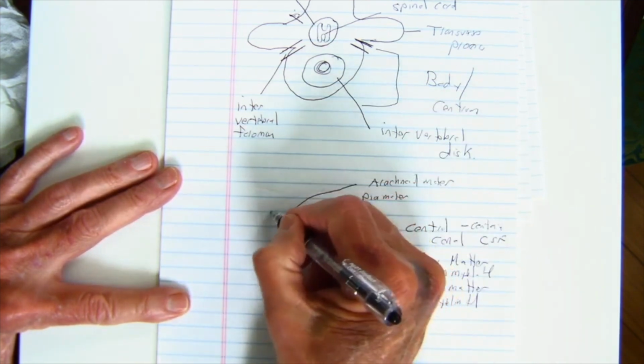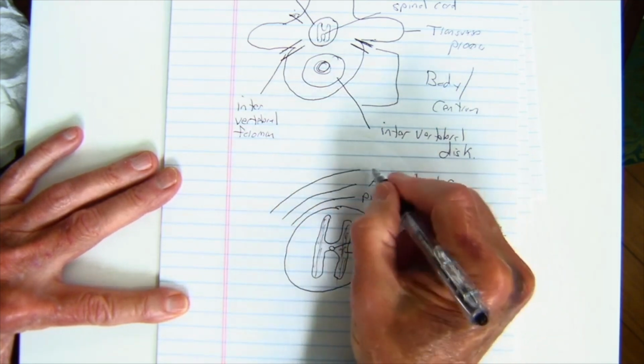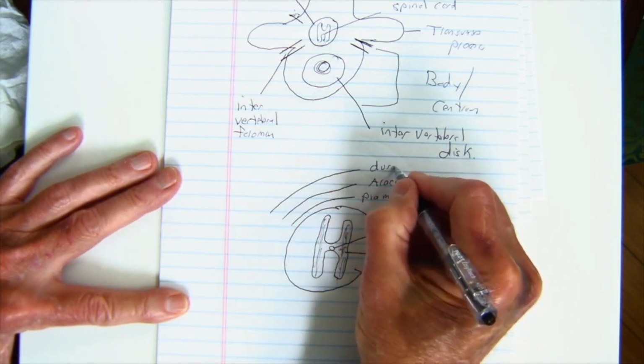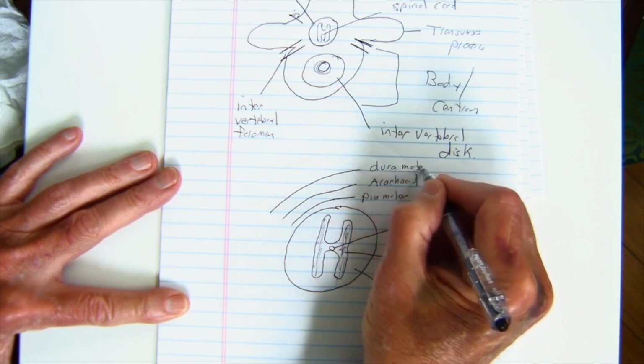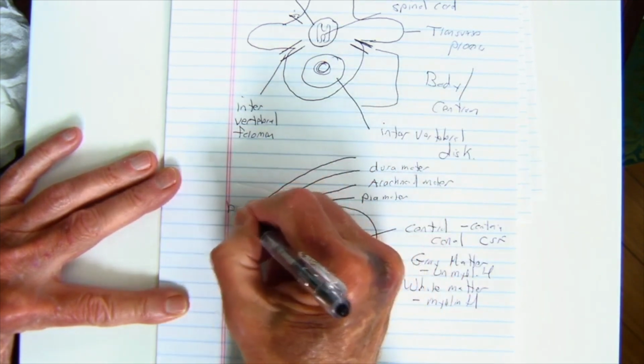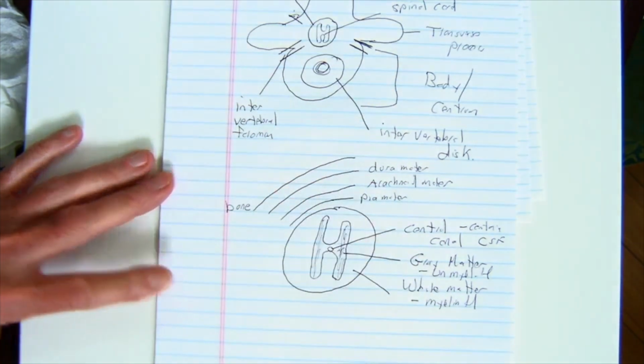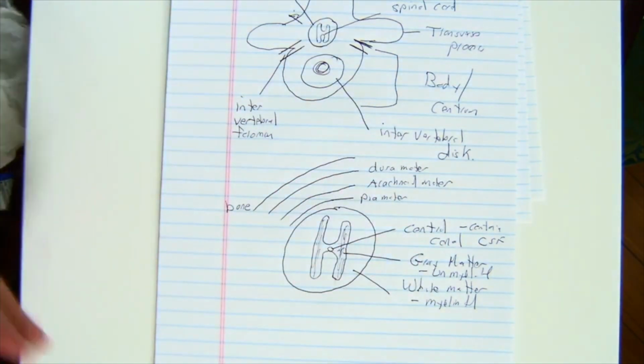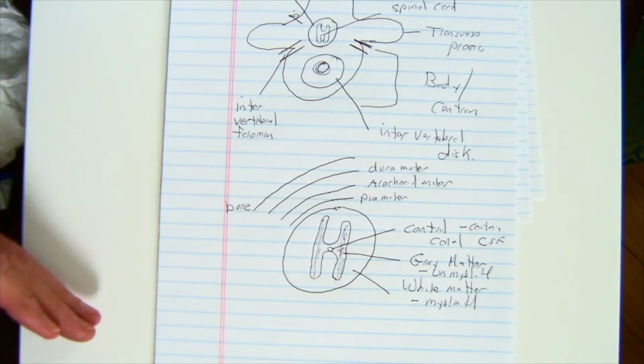Above the arachnoid mater is going to be the dura mater. And above the dura mater is going to be bone. So the exact same coverings and exact same spaces.